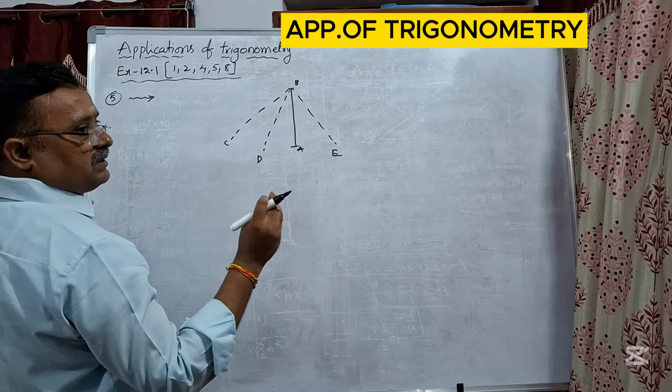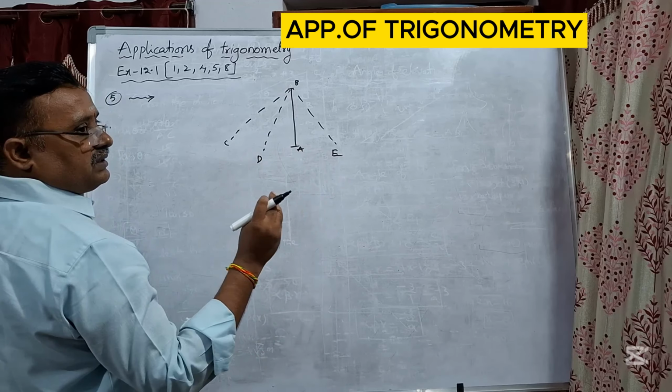How to find that? Let us observe. There is a level ground. They want to erect a pole AB whose height is 10 meters with the help of 3 equal ropes. Among them, I am considering only one rope which is touching the top of the pole and the level ground.